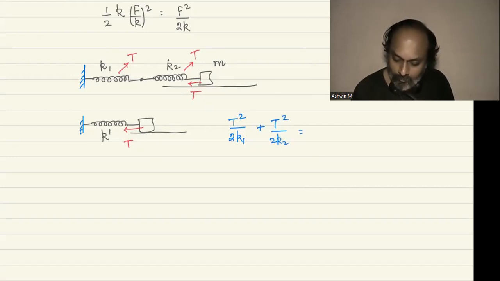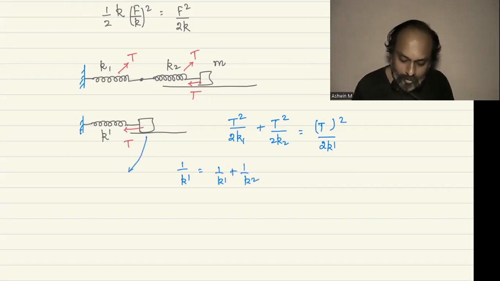This should be equal to T square divided by 2k dash. Sorry, not T dash, it is T only. You cancel T square and 2 on both sides, and you will get 1 divided by k dash equal to 1 by k1 plus 1 by k2.